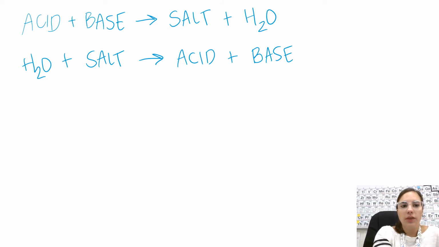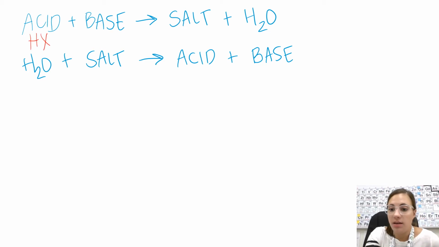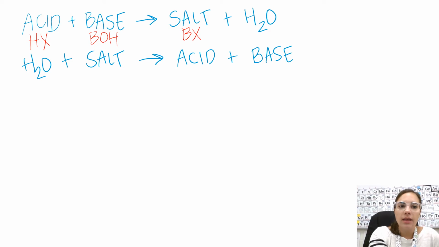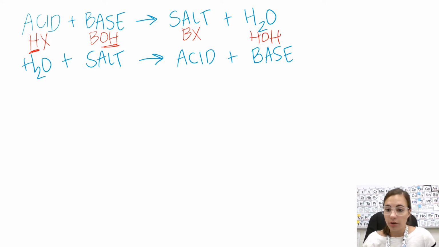So if we think of an acid like HX, X can be any anion. And we think of a base as BOH. So the base is whatever cation, the B, and then with hydroxide. So when those combine, it makes the salt BX, and then it is this hydrogen and this hydroxide that together make HOH, which is water.